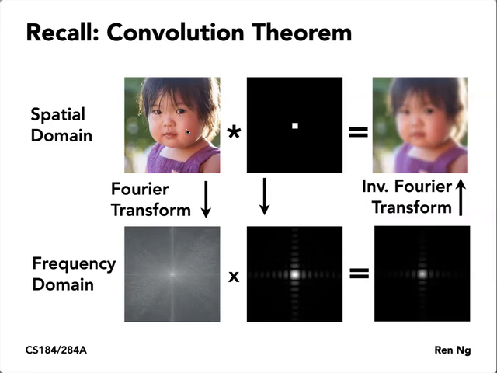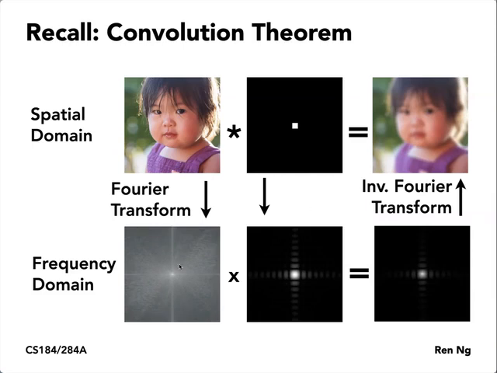Let's say you had n squared pixels in the image, and a very large convolution filter kernel, let's say also n squared. Then the convolution in the spatial domain is an n to the fourth operation. Iterate over n squared pixels and then iterate over n squared filter kernel positions inside the inner loop. So that will be an O of n to the fourth complexity operation.